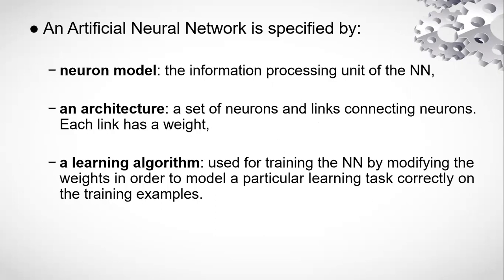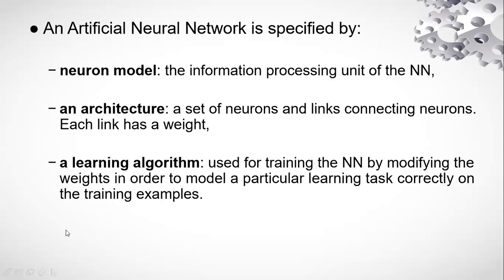So these three combined form the actual artificial neural network. The neuron model defines the information processing unit of the neural network. That means how these particular neurons are defined, and how the information is processed in this unit.